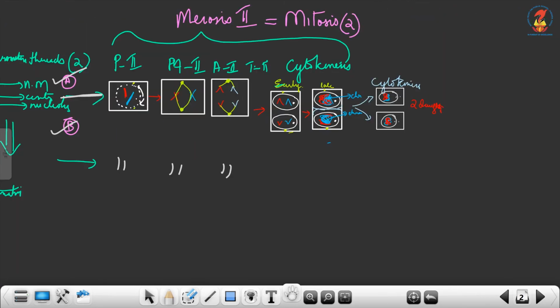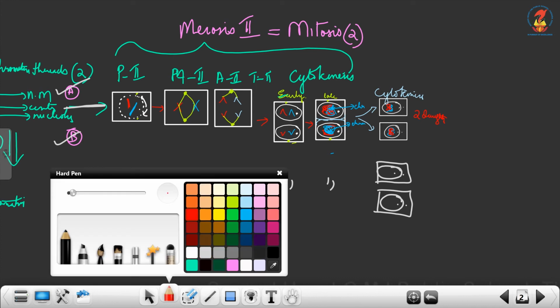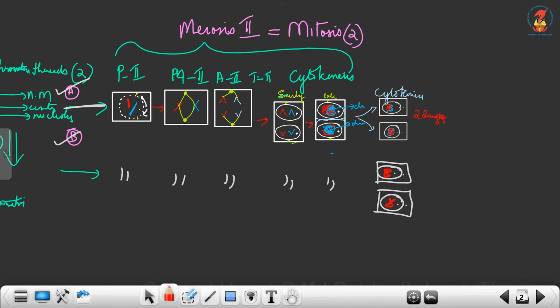It is passing through the same phases, and finally we are getting two daughter cells with nuclear membrane, nucleolus, centrioles, and the chromosomes, remember, red and blue color.